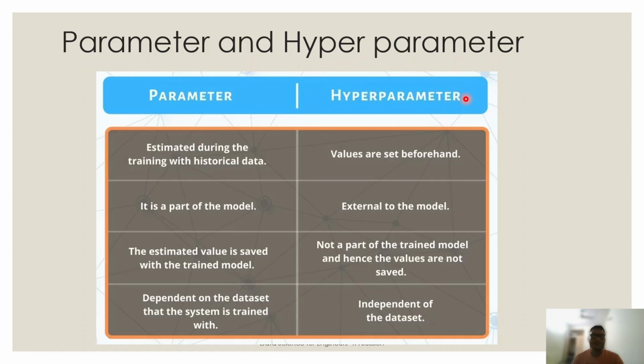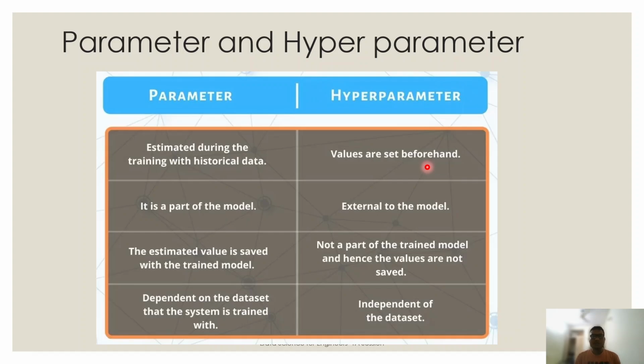Then what is a hyperparameter? Hyperparameters are something which we set beforehand. It is the responsibility of the user to set them. For example, in the k nearest neighbor algorithm you choose how many nearest neighbors you want to give to the algorithm.